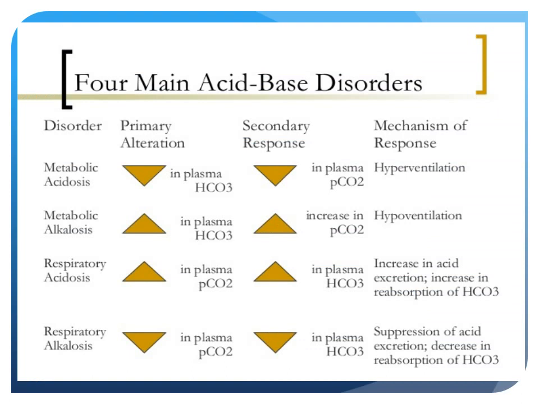Coming to the second disorder, metabolic alkalosis. Again, it's a metabolic, so we know it's HCO3, and alkalosis, so pH is increased. So what is the primary alteration? There's an increase in blood bicarb. So what will be the secondary response?